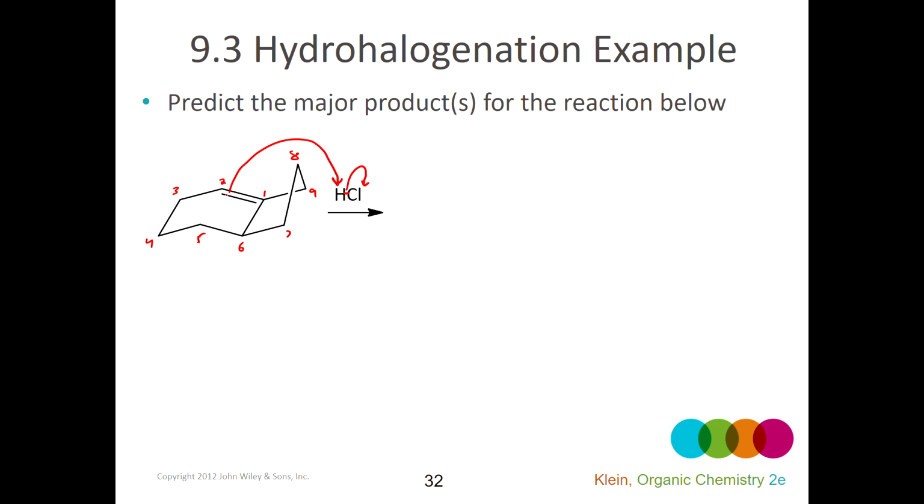So after this occurs, I have to decide, is the hydrogen, the proton, going to add to carbon 1 or 2? Well, if it adds to carbon 2, then a carbocation forms on 1, and that's tertiary. It's going to be more stable than forming the carbocation at the other position. So I expect carbon 2 to be the position where the hydrogen adds, and I expect the carbocation to form.